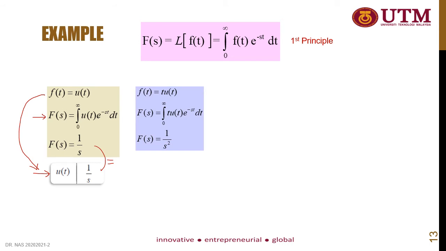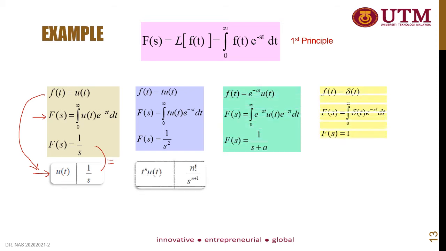Okay, same goes to the next equation. You have a function of t u(t). By using first principle, you perform the integration and you get 1 over s squared. If you refer to the table, when you have t to the power of n u(t), in the s domain it is equal to n factorial divided by s^(n+1). In this case, your equation is t u(t), so your power n is 1.